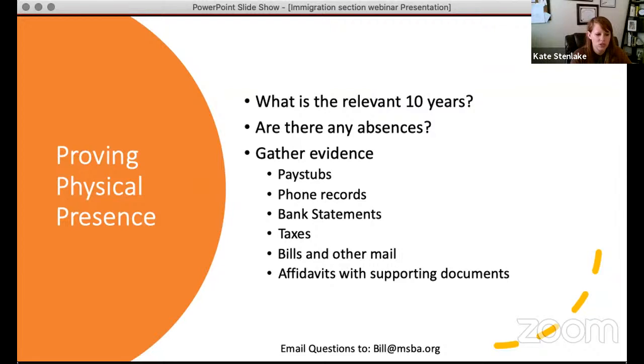The judge used to not be able to tell you if they were going to approve or deny it because there was no visa available. I have had judges tell me, okay, your case is approved, but I don't have a visa available. I believe the IJs now have the authority to deny an application without waiting for a visa, but that hasn't happened to me. So I think judges kind of do what they want.